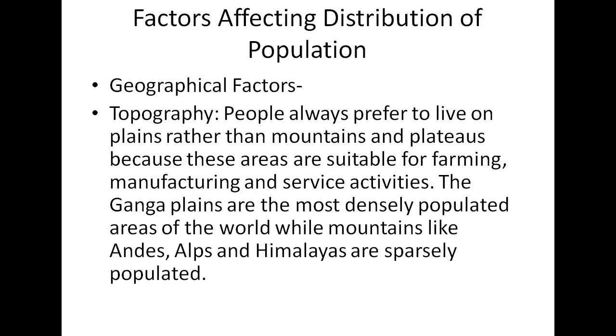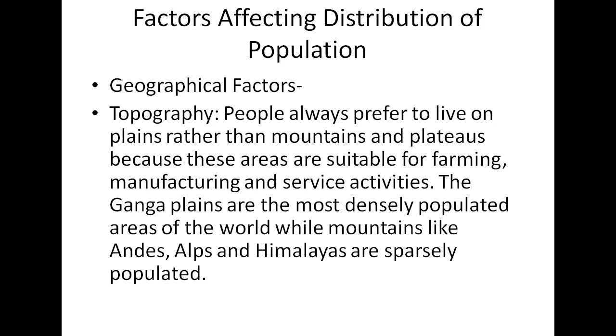Now the next topic that we are going to talk about is factors affecting distribution of population. There are different factors on which the distribution of population depends. I just told you that many people want to live in a plain area rather than other kinds of areas, especially mountains or plateau. There are geographical factors, and there are social, cultural and economic factors, on the basis of which the distribution of population is always affected.